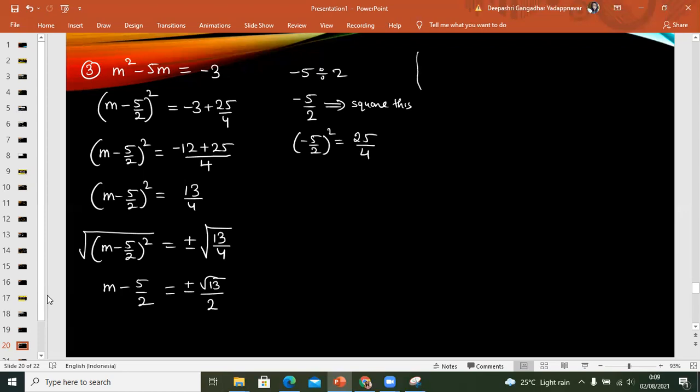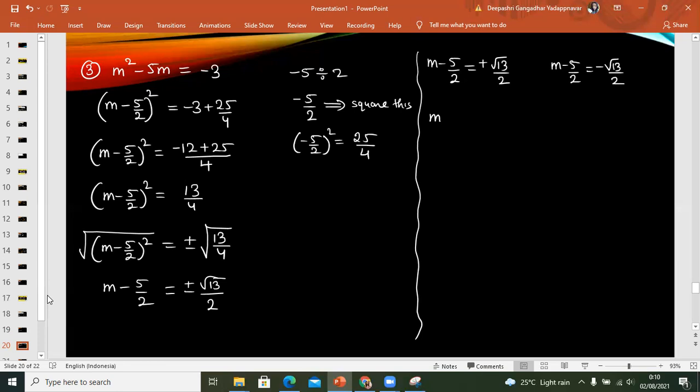Okay, let me continue it here. m minus 5 divided by 2 equals positive root 13 divided by 2, and m minus 5 by 2 equals negative root 13 divided by 2.